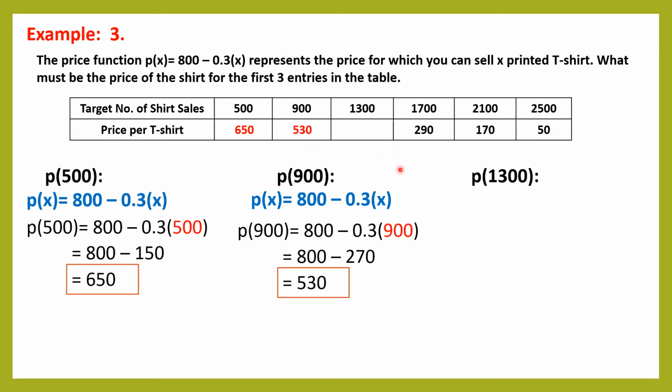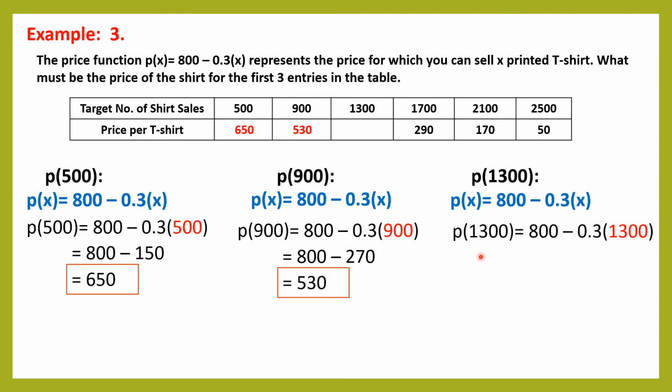Then for 1,300, let us substitute 1,300 to x. We will have here 800 minus 0.3 times 1,300. Then multiply natin itong dalawa. So 800 minus 390. Subtract. We will have here 410. So 410 para sa 1,300. So ito yung tatlong entries.